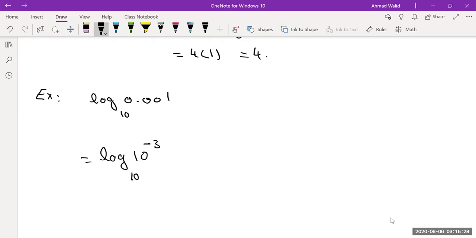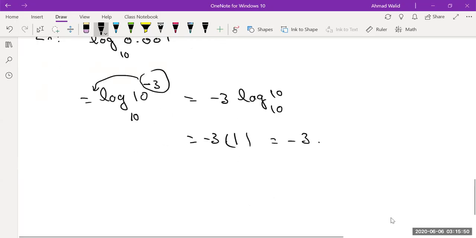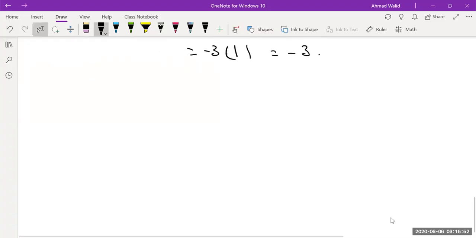Now, bring the exponent to the front. You can write this as -3 log of 10 base 10. Log of 10 base 10 again becomes 1. It becomes -3 times 1, which is equal to -3. Correct? A quick review. Let's do one more example. A different one. Expand.